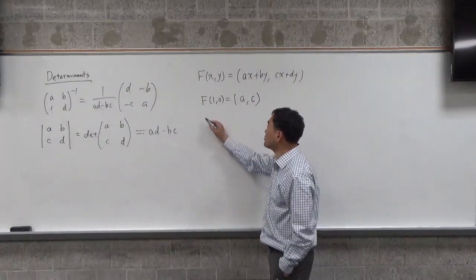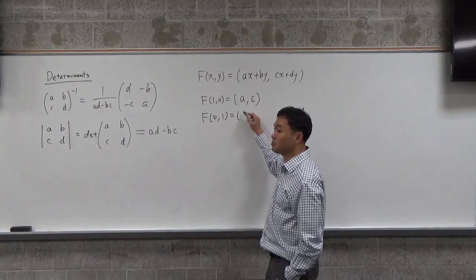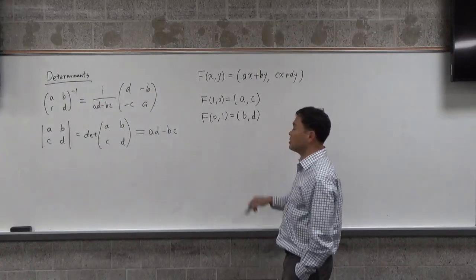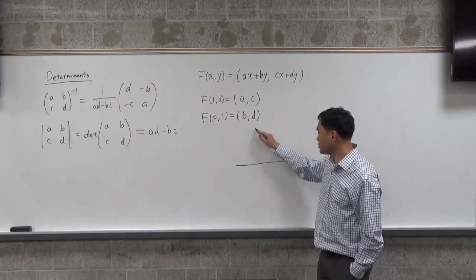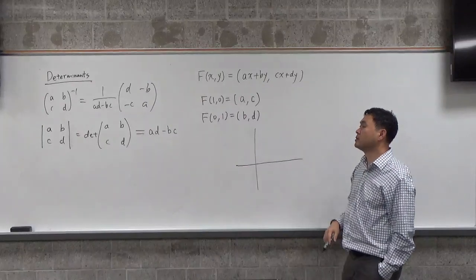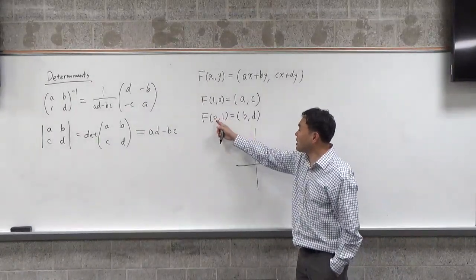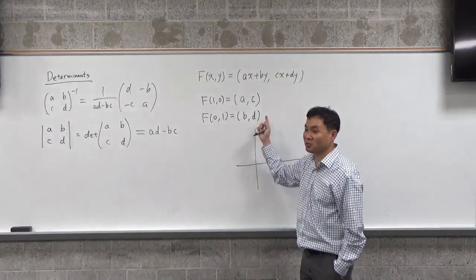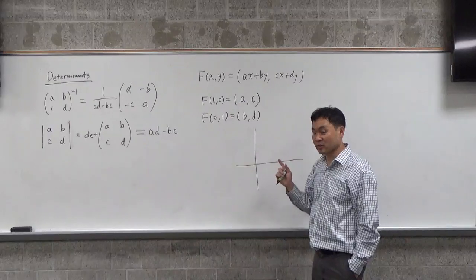And then what about f of 0, 1? BD. Linear transformations, well, I made it sound like you're taking points to points, but what's really going on is you're taking vectors to vectors.